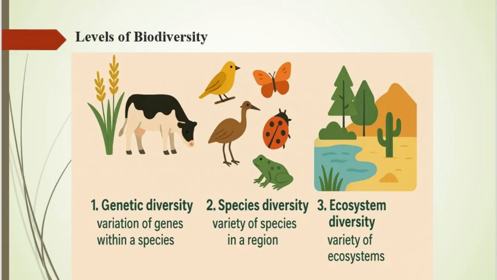Importance: different species perform different roles in ecosystems. 3. Ecosystem diversity. Ecosystem diversity refers to the variety of ecosystems in a region. Examples: forests, grasslands, wetlands, rivers, mountains, deserts. Each ecosystem supports different forms of life.